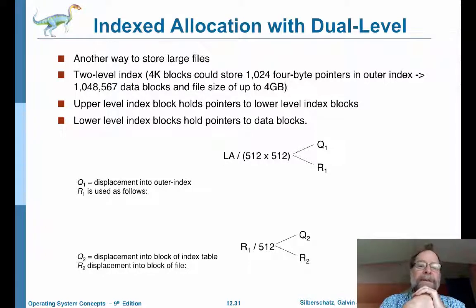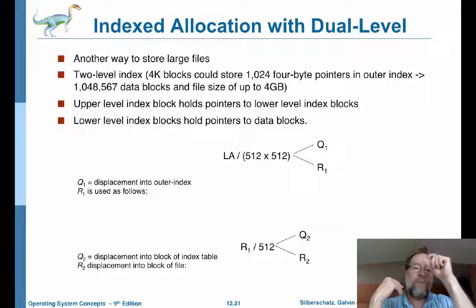The way this scheme works is that you have two different levels of index blocks. You've got a topmost level index block, and the pointers in that block are all pointers to low-level index blocks. The low-level index blocks only have pointers to data blocks. Using this scheme, you have a simple three-level tree.